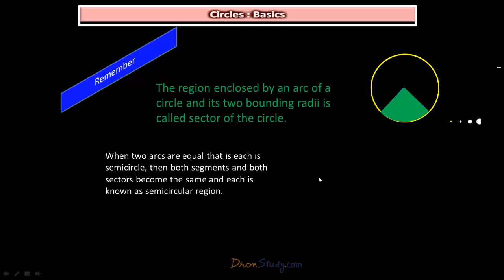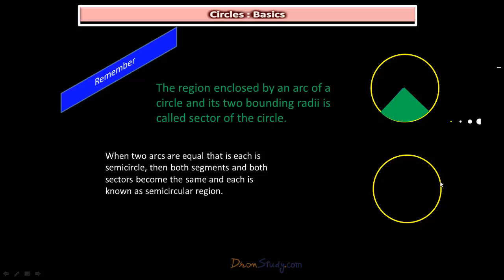Now the next definition is when two arcs are equal, that is each is a semicircle, then both segments and both sectors become the same and each is known as the semicircular region.